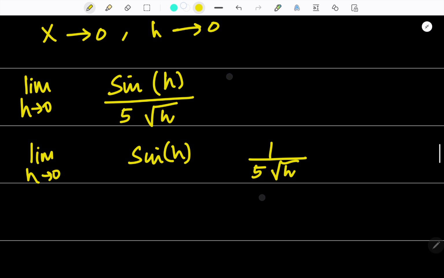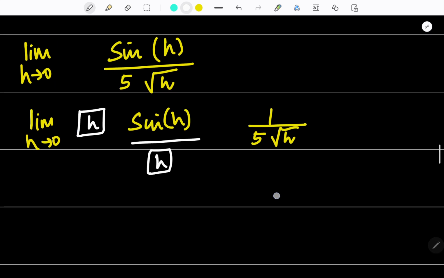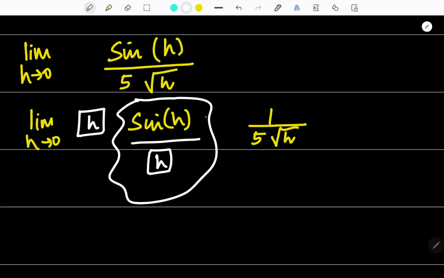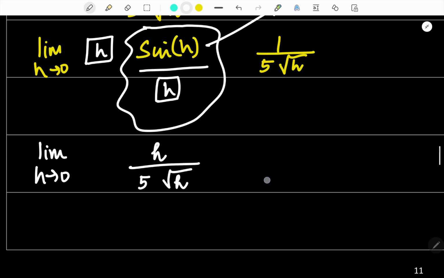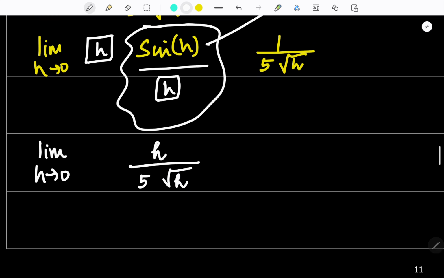What I need now, I need 1 h here, and I'm multiplying and dividing by h. Okay, so this finished. So limit h tends to 0, sin h divided by h is equal to what? 1. So what is remaining? The remaining is limit h tends to 0, h divided by 5 times root h. Whenever the root is there, what do we do? We multiply by its conjugate, root h divided by root h.